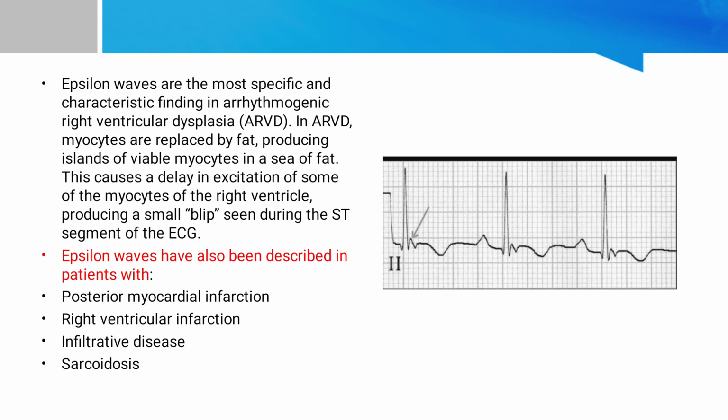The epsilon waves are most specific and they are characteristic findings in arrhythmogenic right ventricular dysplasia. In arrhythmogenic right ventricular dysplasia, the myocytes are replaced by fat, producing islands of viable myocytes in a sea of fat, and this causes a delay in excitation of some of the myocytes of the right ventricle, producing a small blip seen during the ST segments of the ECG.